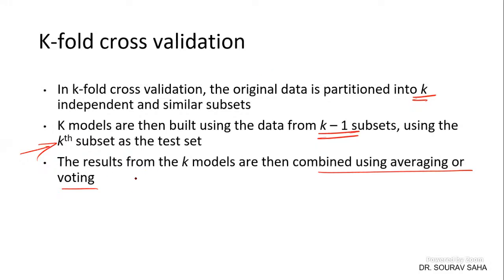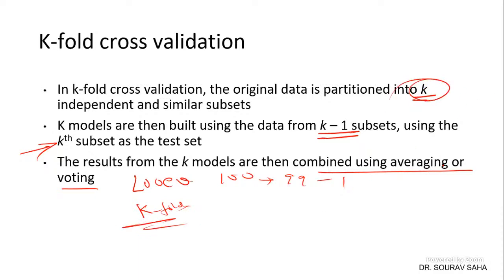So earlier in the LOOCV case, we had, let's say, 100 data points, where 99 are used for training and 1 for testing. In the k-fold case, we partition the data into k independent and similar subsets. Let's say we partition the data into 10 independent subsets, so each subset has 10 data points.